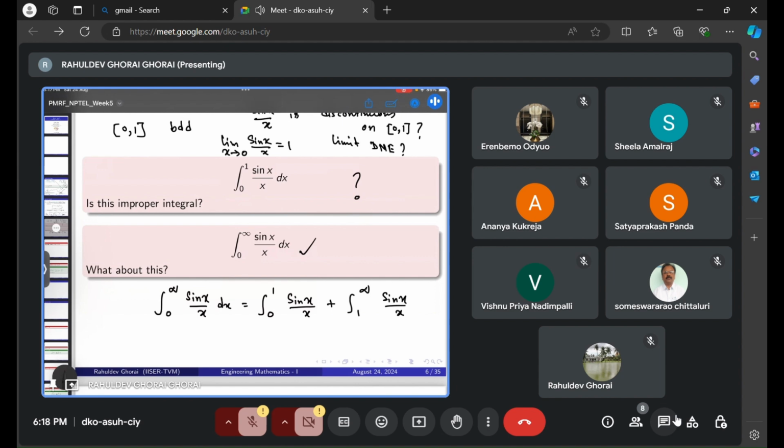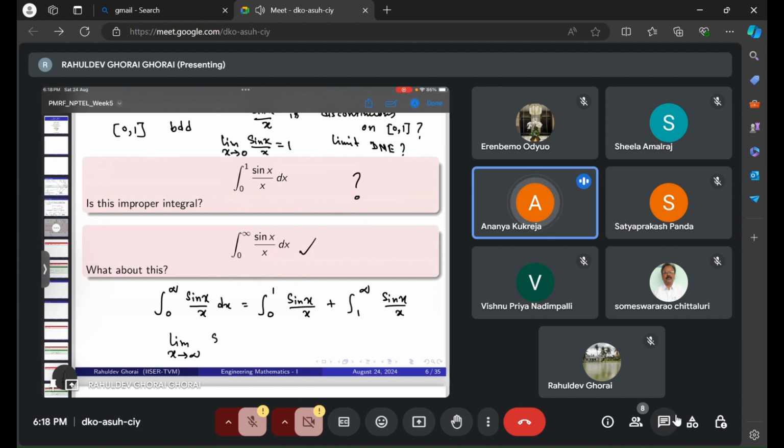Why is it improper? Sir, because the limit is infinity, the upper limit. Okay. Sir, the integral has to be evaluated from 1 to infinity, so that is not bounded. The interval is not bounded.